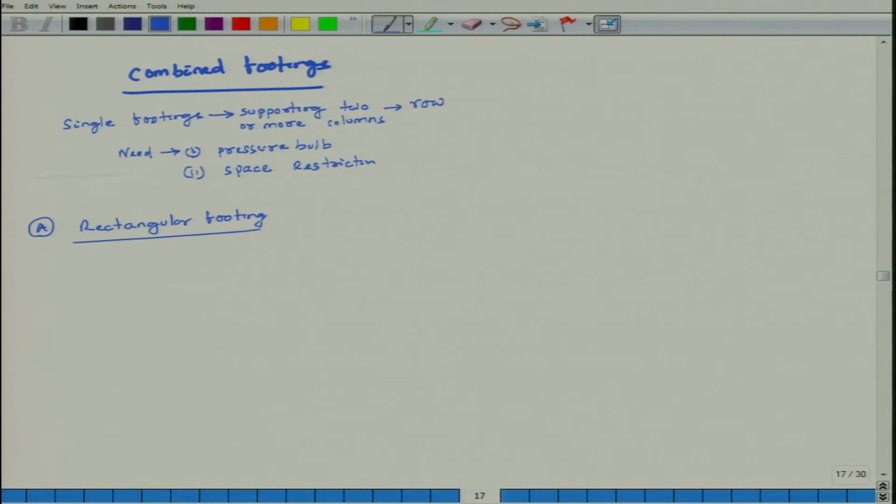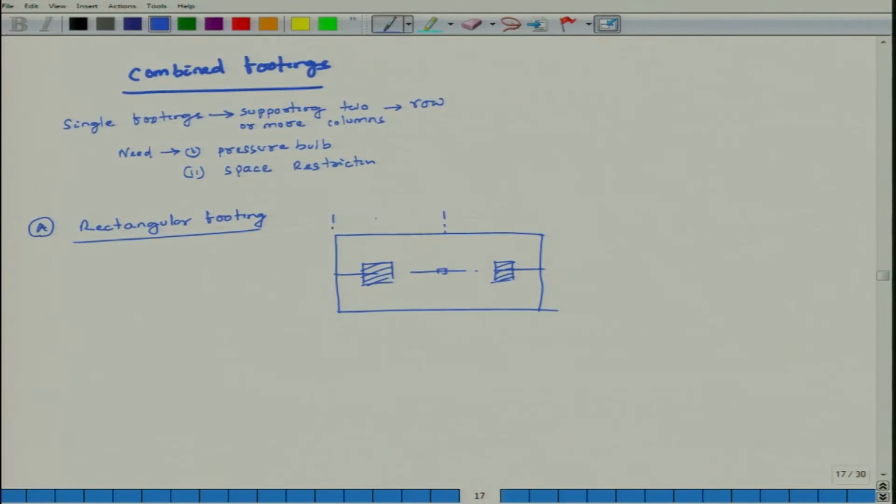Rectangular footing, let us plot it. It is L by 2, here it is L by 2, then this side is B by 2, this side is B by 2.